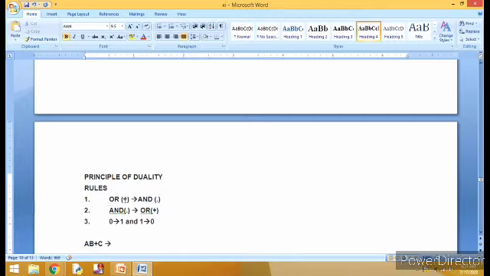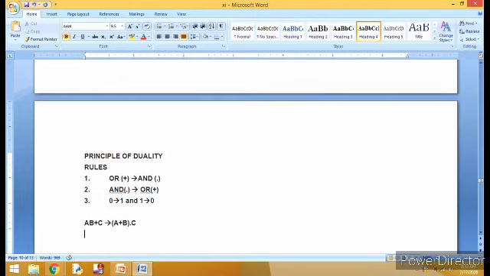The plus is to be changed to AND and the AND should be changed to the plus. So it is A plus B dot C. Yes, it is very easy. A 1 mark question. How much effort are you applying? Nothing.